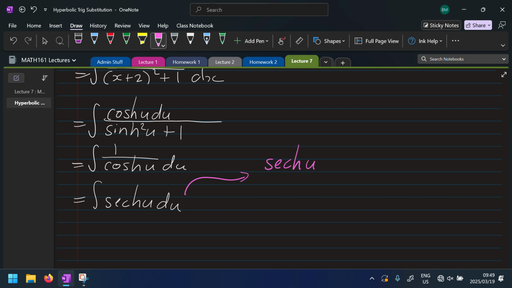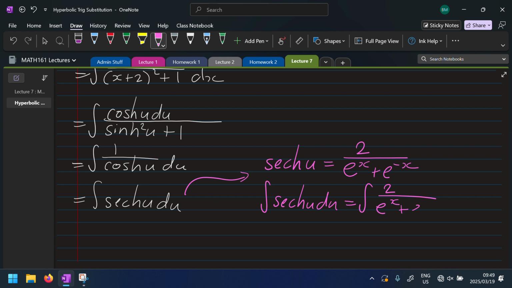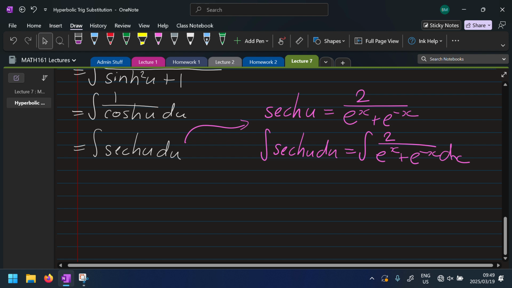So sech u is going to be 2 over e to the u plus e to the minus u, because it's 1 over cosh. So if we wanted to integrate this, that will be the integral of 2 over e to the u plus e to the minus u du. That was one of the homework problems.